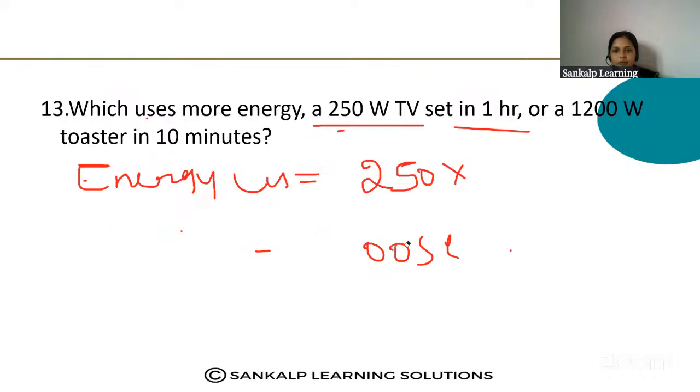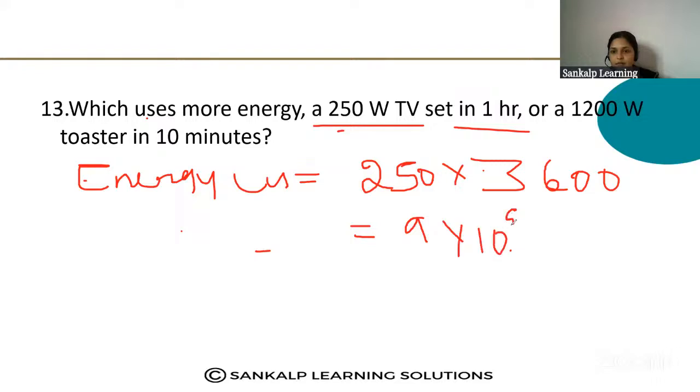I will write 250 into 3600. That is 9 lakh, that is 9 into 10 raised to 5 watt-seconds.